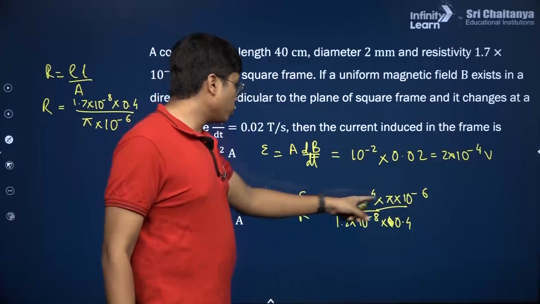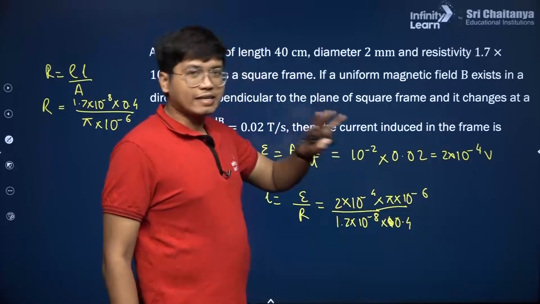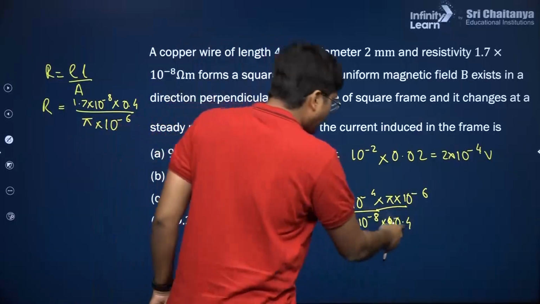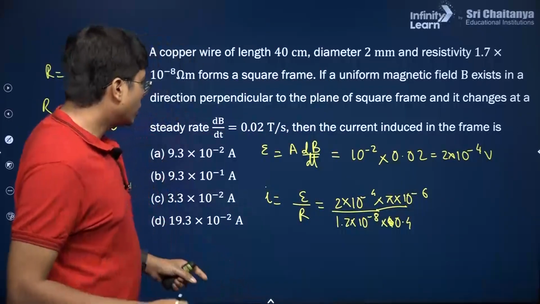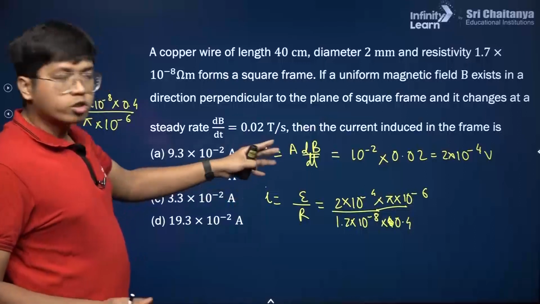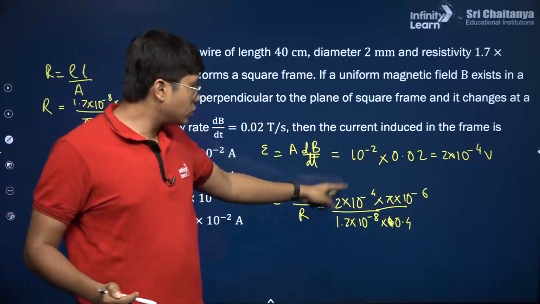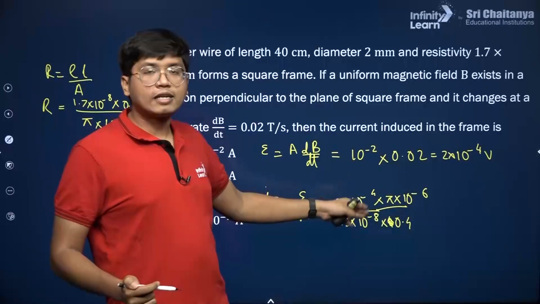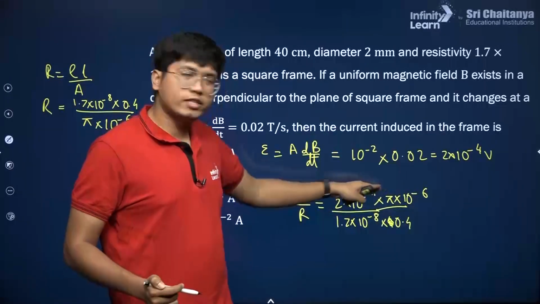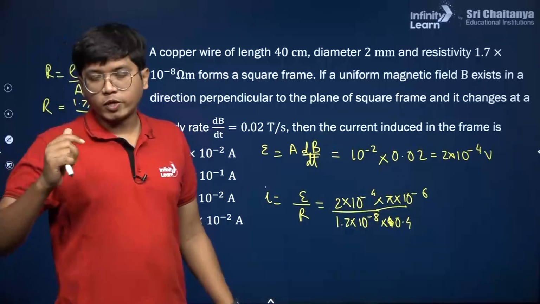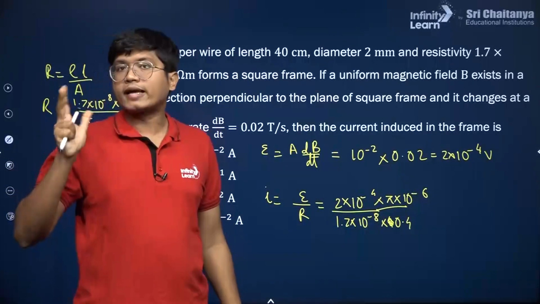So 2 into pi takes it to roughly a little more than 6, around 6.3. And down below, 1.7 into 0.4 takes it to around 0.68, so this goes around 6.8. So 6.3 by 6.8 means it will go somewhere around 9.